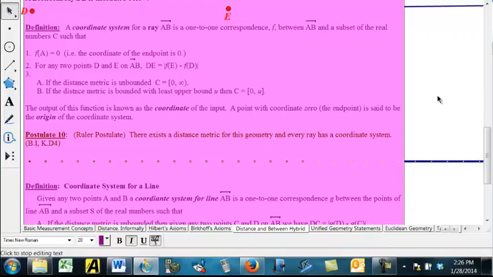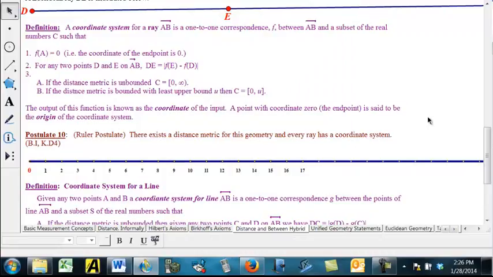So this assigns coordinates from 0 all the way to infinity for the unbounded cases, like Euclidean geometry, taxicab geometry, and hyperbolic geometry. But for the bounded metric, spherical geometry, you're going to give it a number between 0 and pi. U is pi. The output of the function is known as the coordinate of the input.